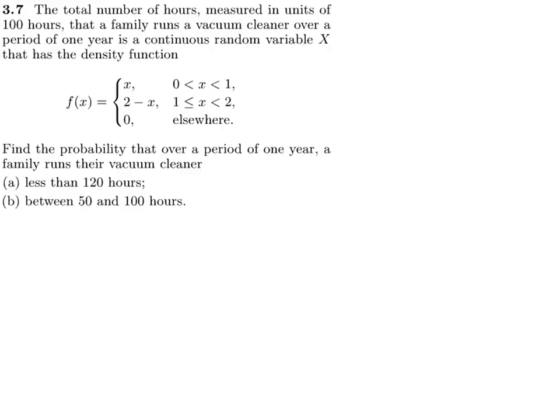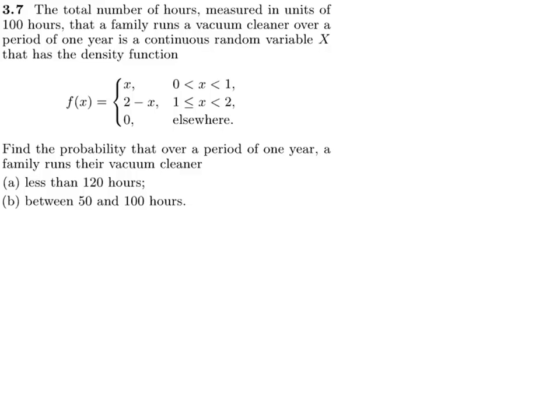So this is a continuous probability distribution. If you want to find a probability, my first question will be: what type of distribution is this one? We know it is continuous. Is it a density function or a cumulative distribution? It's a density function. You know that because of the notation: if it is a capital letter, it's the cumulative; here we have a small letter, so it's the density.